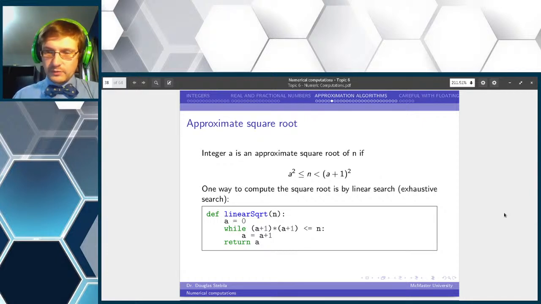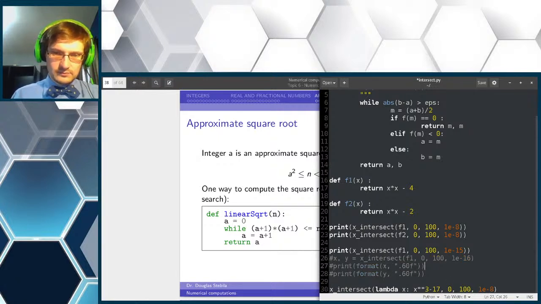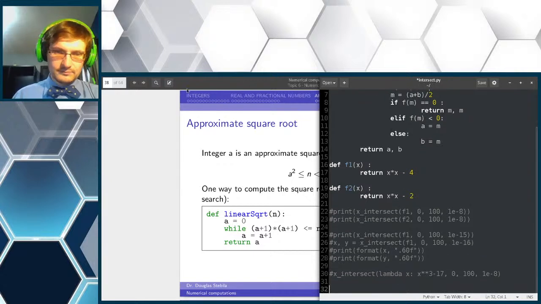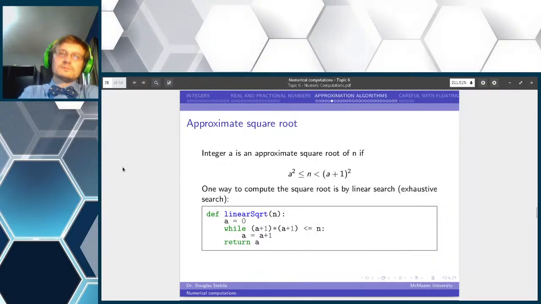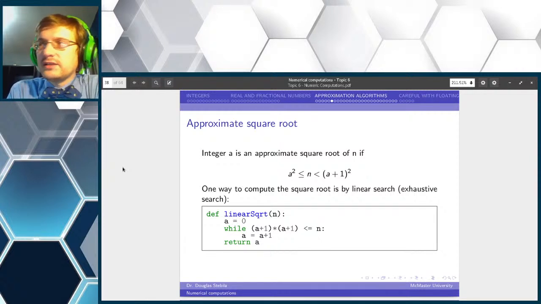So let's move to a different one. Let's talk now about approximate square root. It turns out that square roots are actually a reasonably difficult thing to calculate.